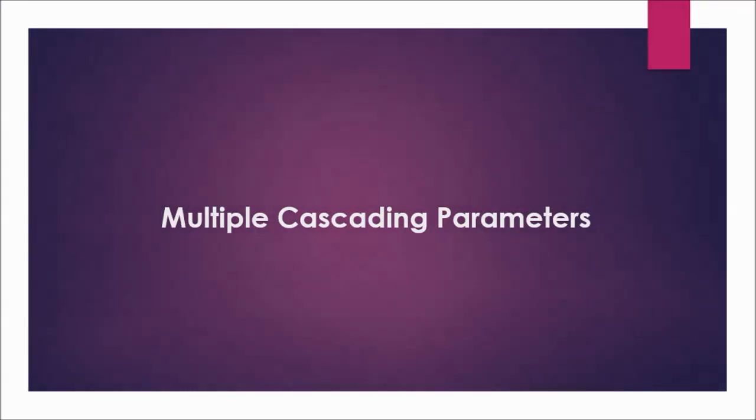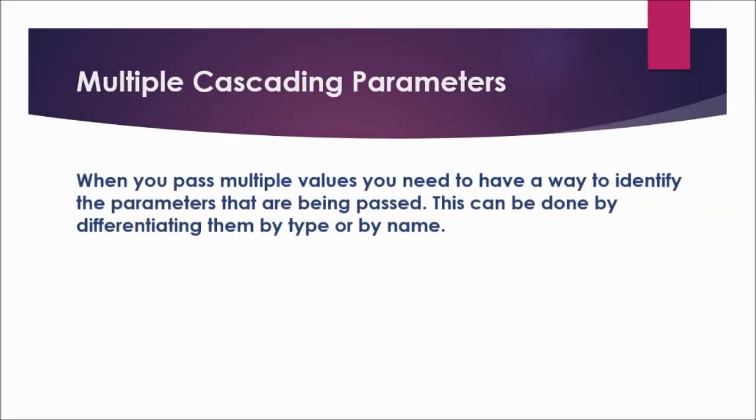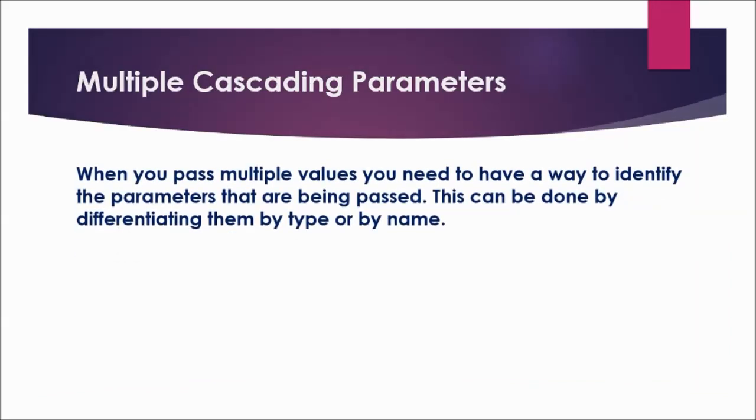Multiple cascading parameters. When you pass multiple values, you need to have a way to identify the parameters that are being passed. This can be done by differentiating them by type or by name. Identify by type.